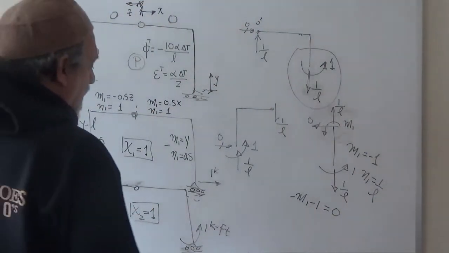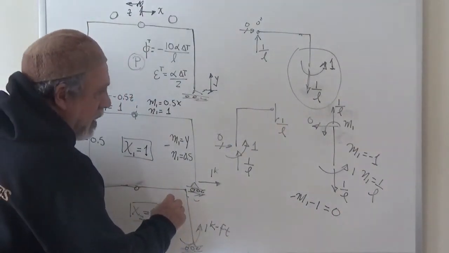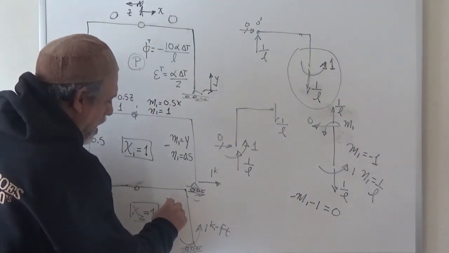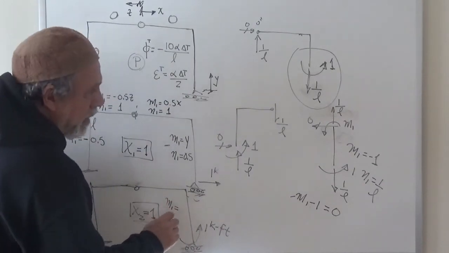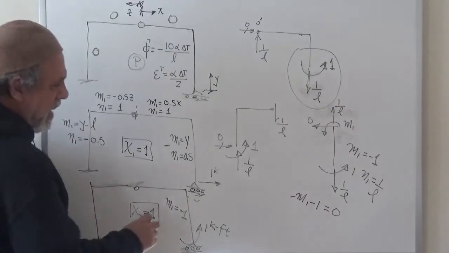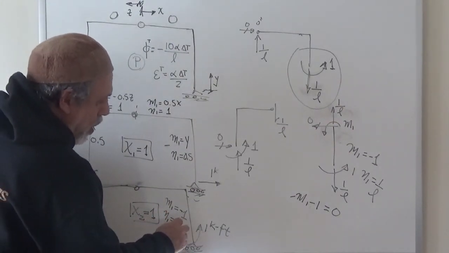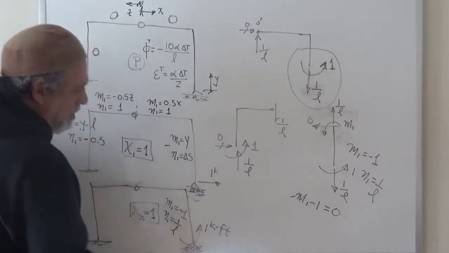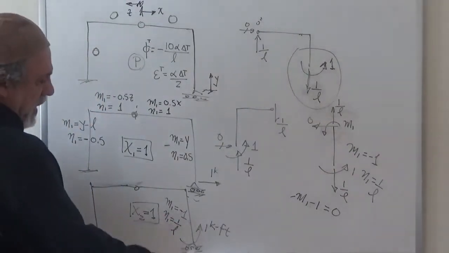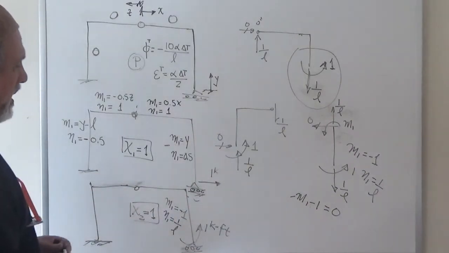So we now have completed this bar, and so we write right here, M1 is minus 1, and N1 is 1 divided by L. And so we've completed the vertical column on the left side.